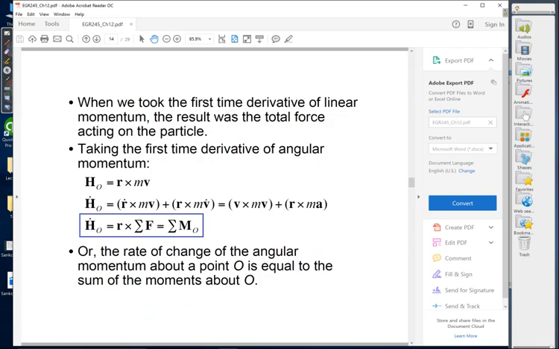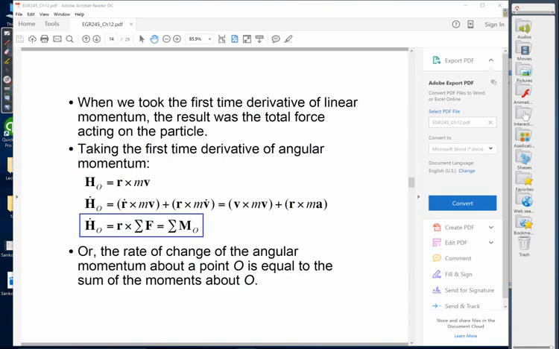So when it comes to orbit problems or space mechanics, here is something that is very interesting. You can start off with the definition now for angular momentum and take its first time derivative, which means h dot. There are some rules that apply when you take the derivative of a cross product.